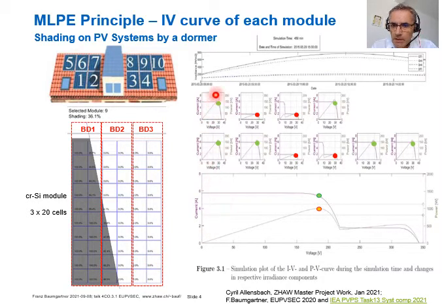And what you see here on the right are dots. A green dot means that the optimum power of that module is at a higher current, at 6 amps. So the green dots are always at 6 amps, the highest power of these individual modules, and we have 4 modules where you see red dots.